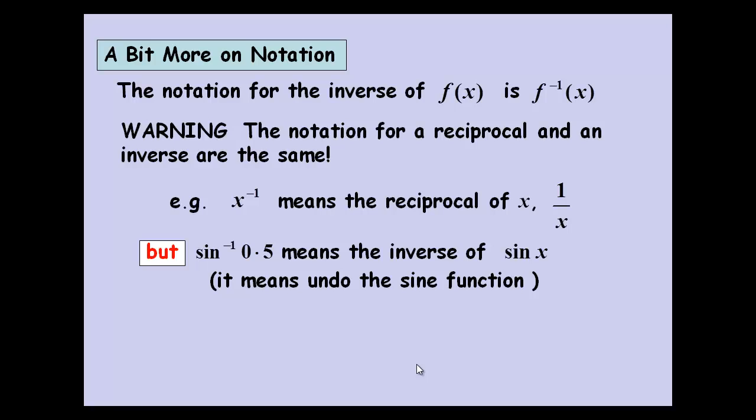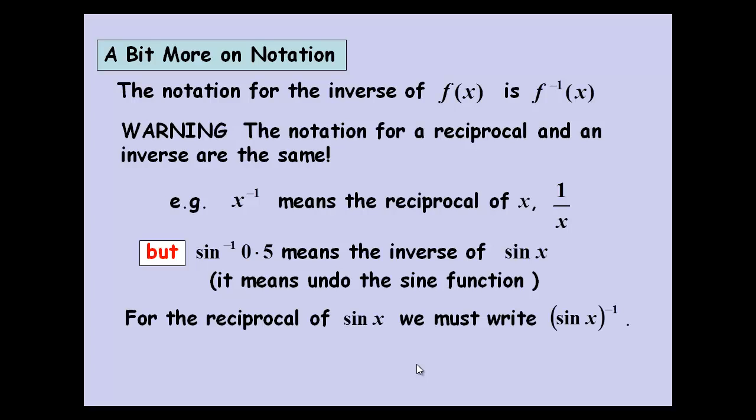When we say sine squared of x, we mean sine x all squared. But when we say sine minus 1 of x, we mean the inverse sine. For the reciprocal, we would have to write sine x to the minus 1, like that. So sine minus 1 of x, or sine minus 1 of 0.5, means the inverse sine, whereas sine x in brackets, to the minus 1, is the reciprocal, in other words 1 over sine x.